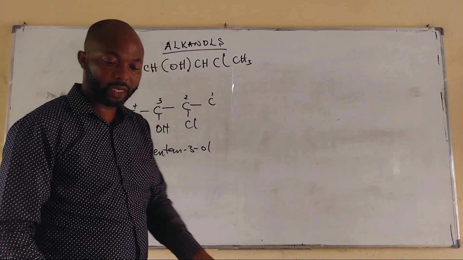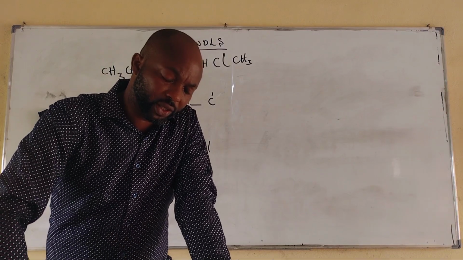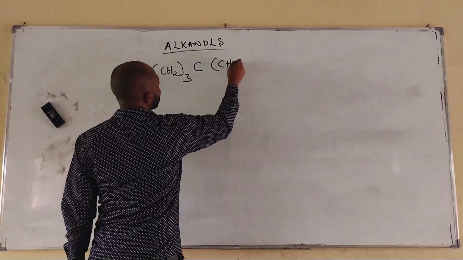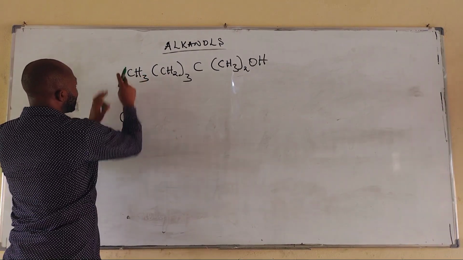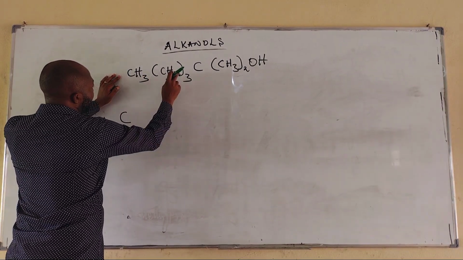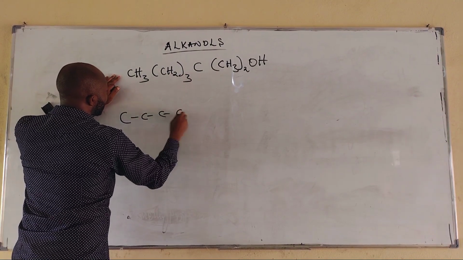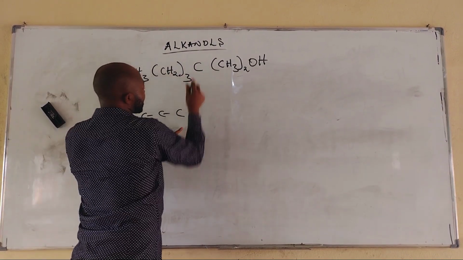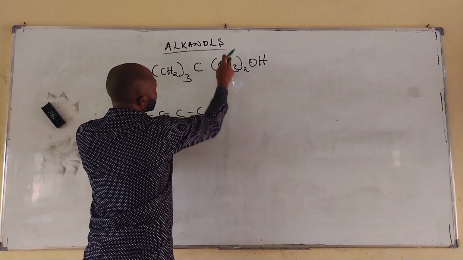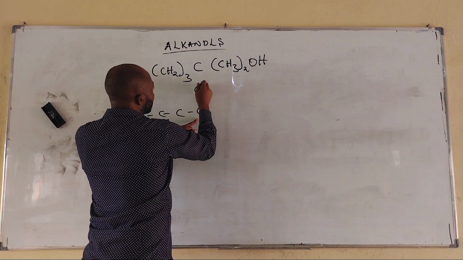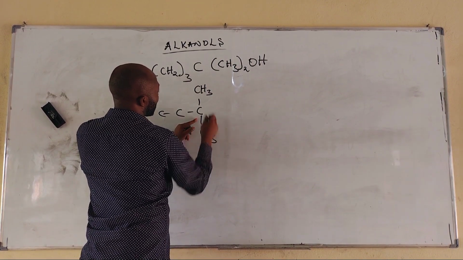Let's take one more, then we'll go to the preparations. Let's start. This is my first carbon here, and they say I should write 3 of CH2. 1, 2, 3. And I'm in this carbon, which is having 2 CH3 and OH.